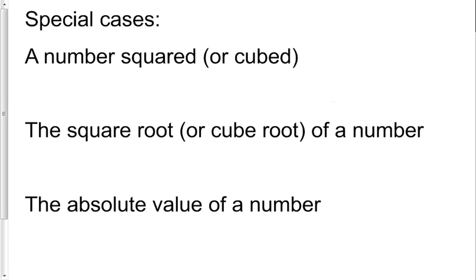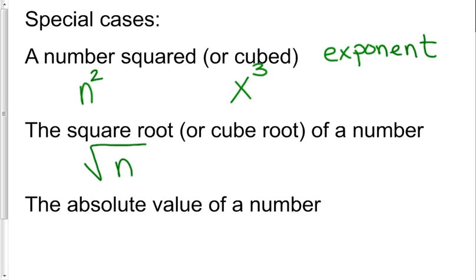Here's some special cases. You might have a number squared or cubed. This is an exponent. So a number squared would be n squared, or cubed would be x cubed. The square root or cubed root of a number, square root looks like that.